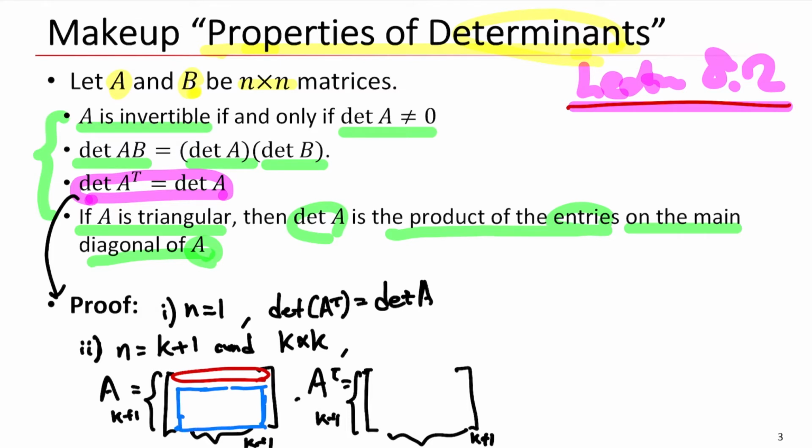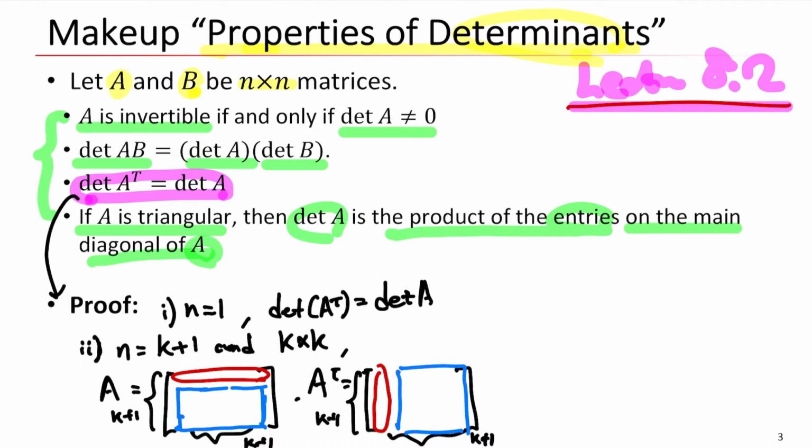In other words, we can use another column, and then the remaining part of the matrix will be used to estimate the determinant of A transpose.